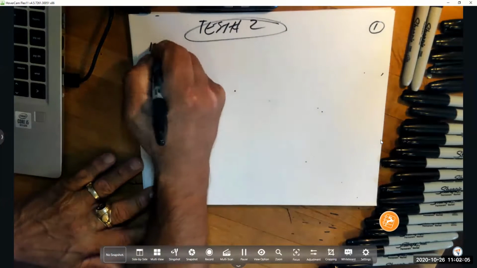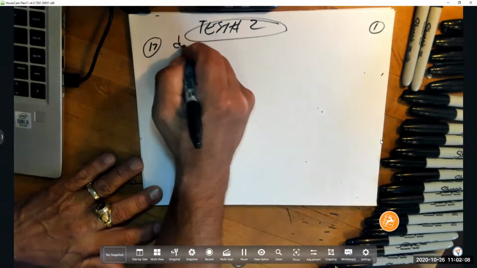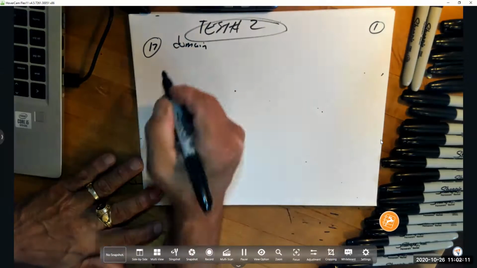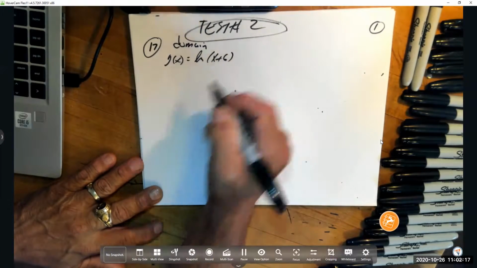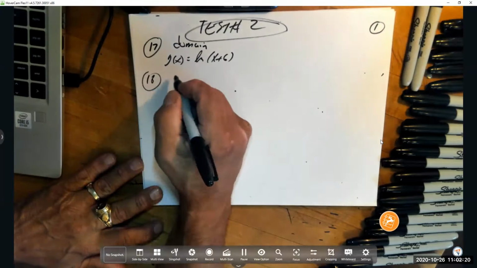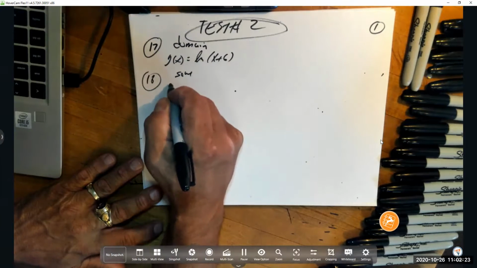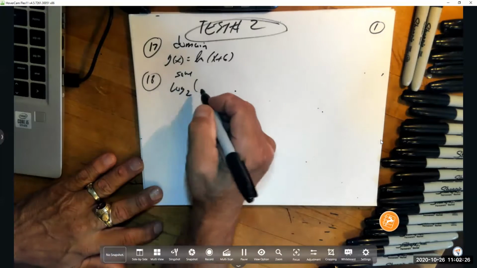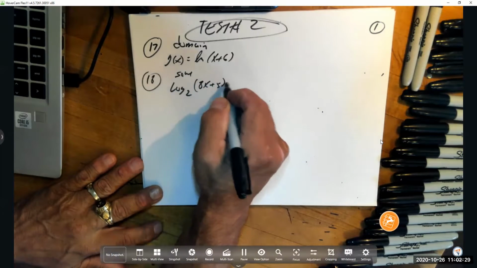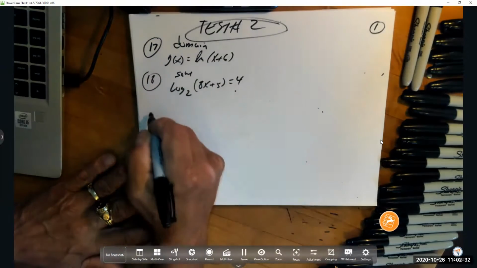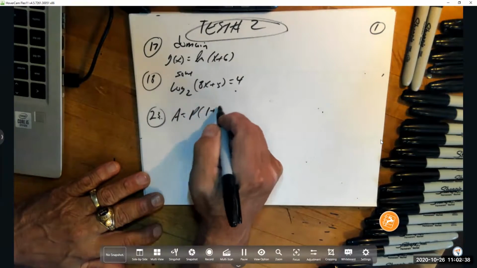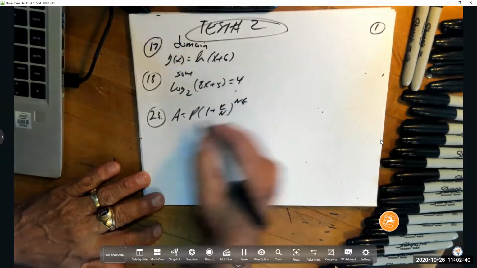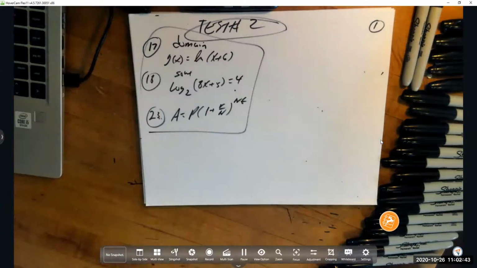I'm gonna do number 17, which just says find the domain of g of x equals ln(x plus 6), and then number 18, it says solve log base 2 of (8x plus 5) equals 4, and number 23, it says the A equals P times (1 plus r over n) to the nt formula. Okay, I'm gonna do those 3 things from test number 2.